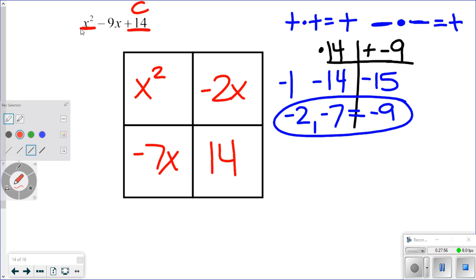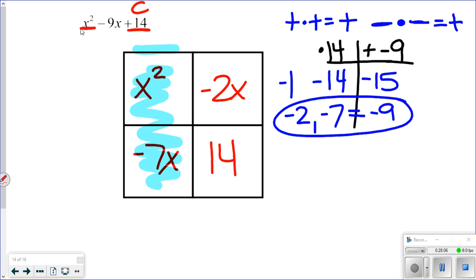Okay. I'm going to start by looking here and seeing what the GCF is, and I'm going to write it up there. So, x squared and negative 7x. Do they share a number? No, just a variable. They only share an x.